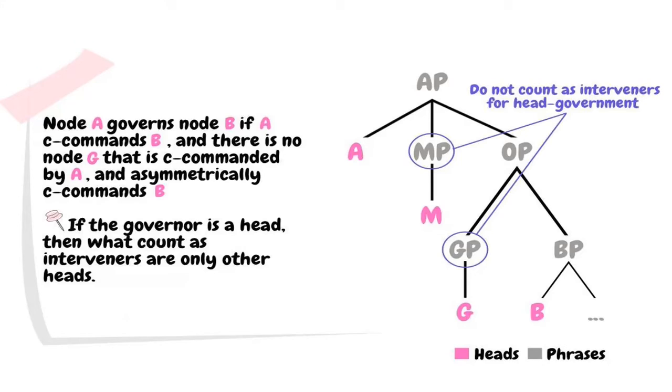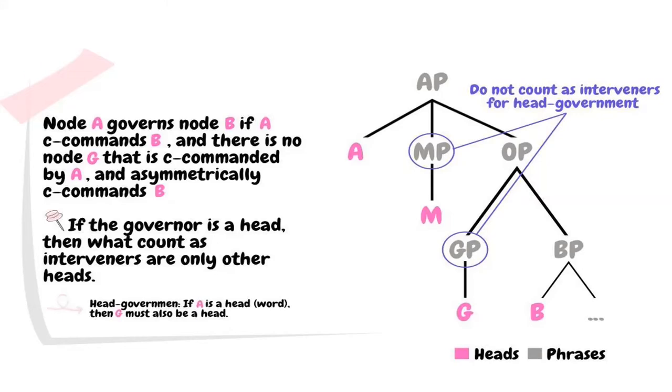So A governs B, and we conclude that head government is, if A is a head, then G must also be a head. Now, before we move to our next type, you may ask, since M and G are heads, how does it come that A governs B? Simply because M and G do not C command B, and you should be careful about this point.